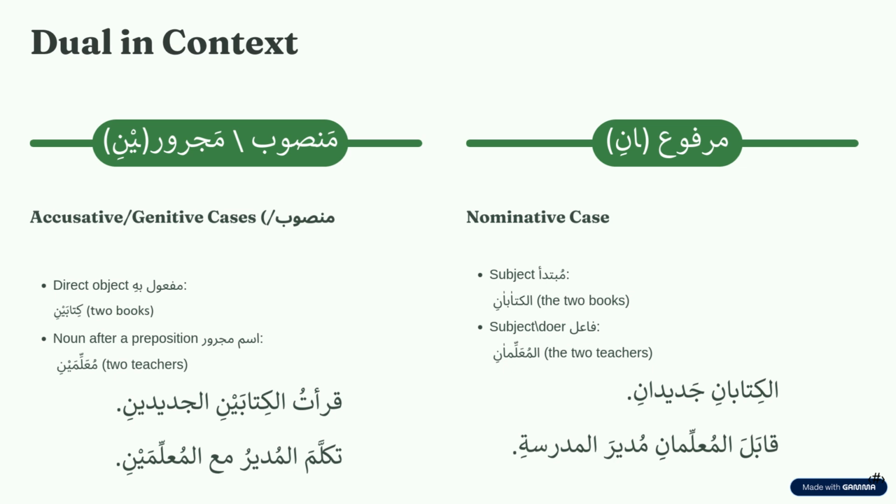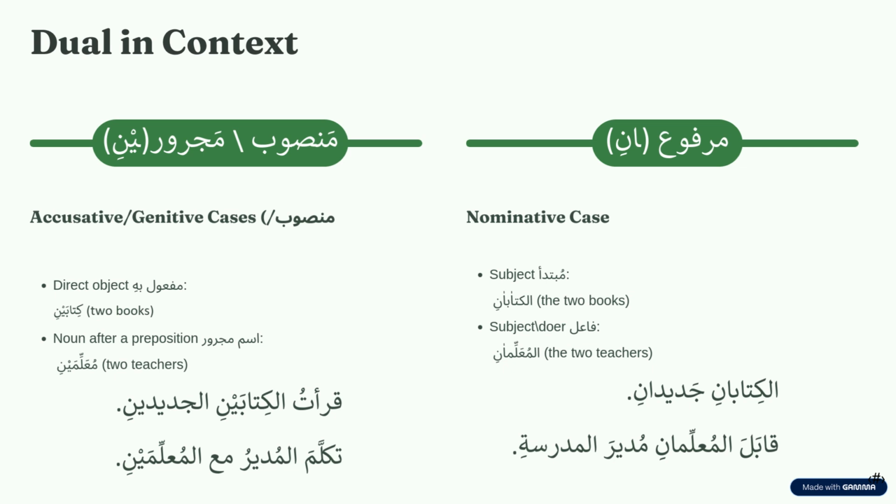You say طالباني and not طالبين if you will be using it as a مبتدأ, the subject of the nominal sentence, or the subject, the doer of the verbal sentence. So if it's any of these, you're going to go with ani. Say الكتابان جديدان, or قابل المعلمان مدير المدرسة. The two teachers met the principal of the school.